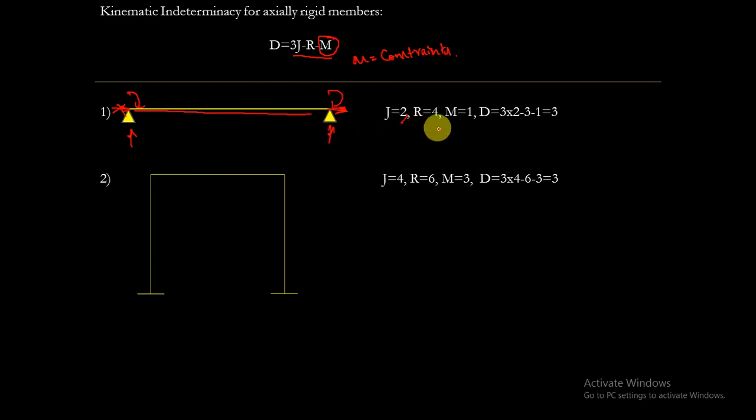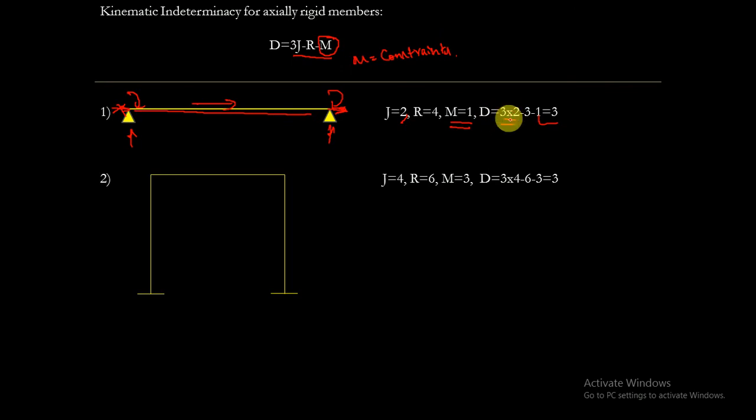The number of joints is 2, and the number of reactions is 2 here and 2 here: vertical reaction, horizontal reaction, vertical reaction, horizontal reaction. And m represents the member. For each member there will be only one horizontal displacement, therefore it will be taken as 1.